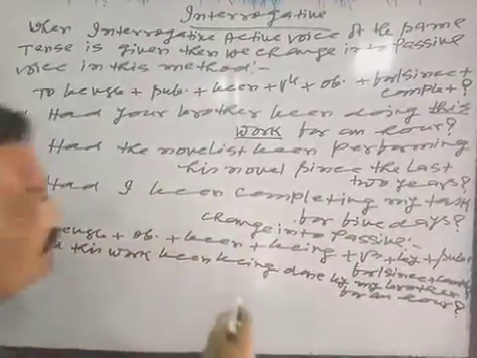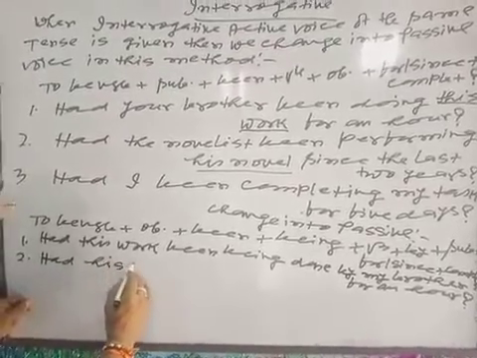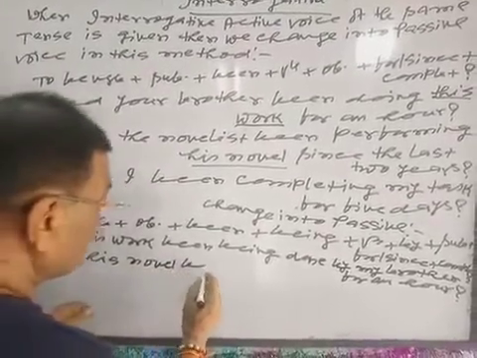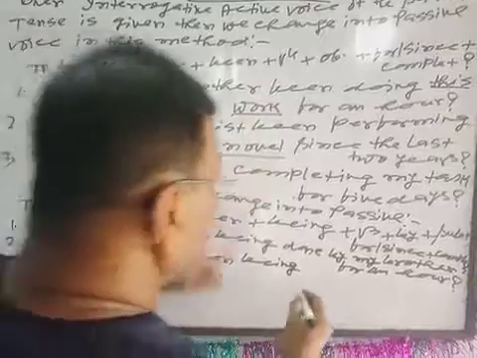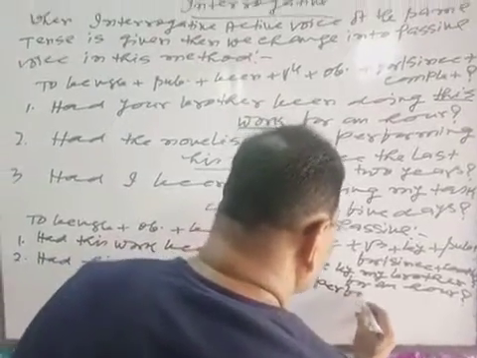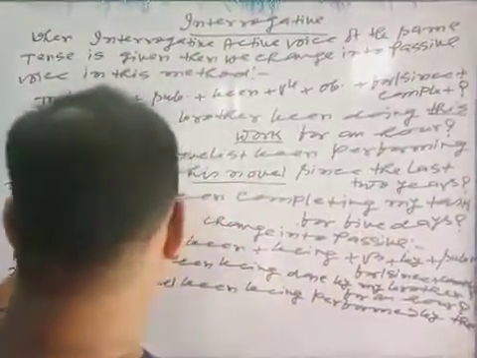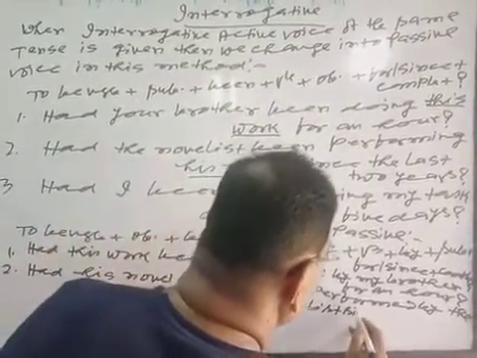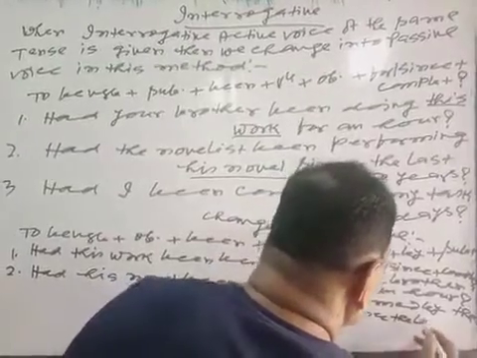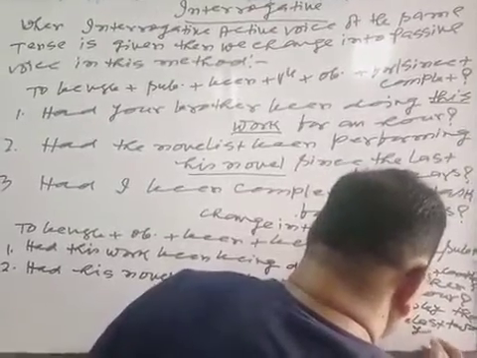In the second sentence, his novel is an object. Had his novel been being performed by the novelist since the last 2 years?